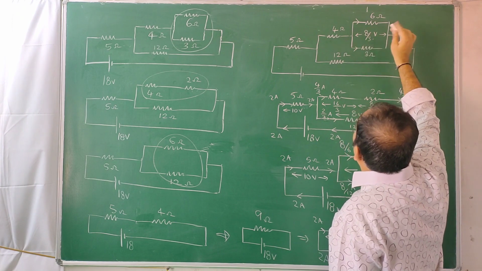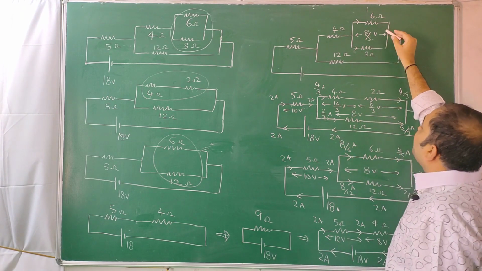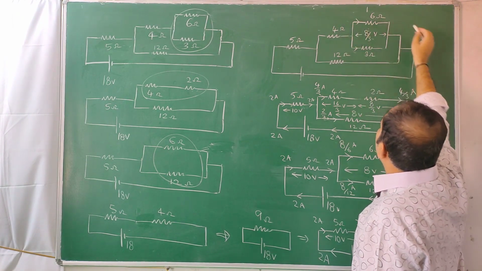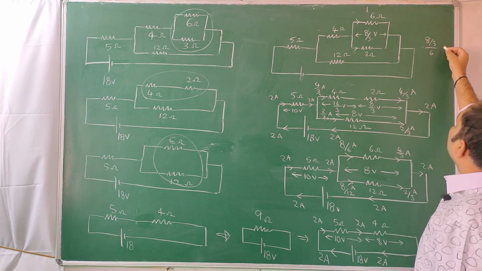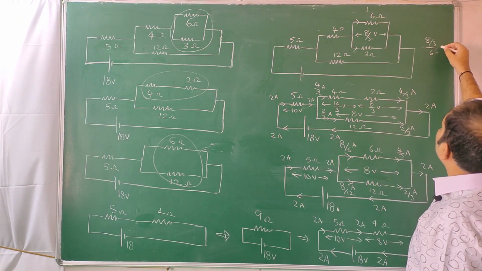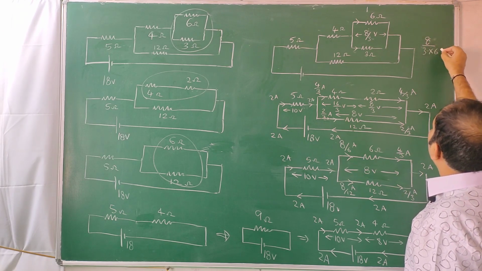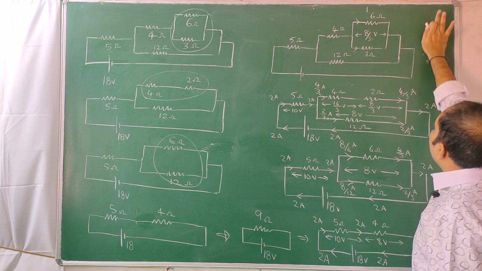So potential difference across this, 8 by 3 into 6, voltage by resistance is current. I is equal to V by R. 8 by 3 by 6. So 6 goes here. 8 by 3 into 6, 2 3s are 6, 2 4s are 4 by 9 amps.